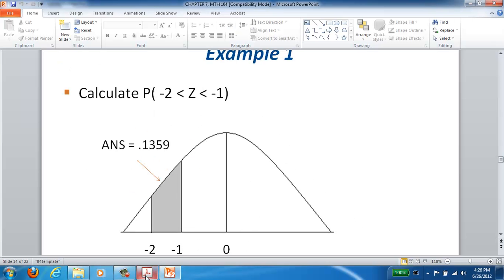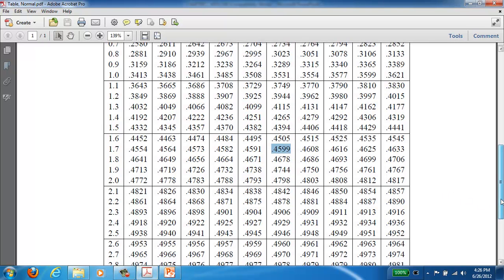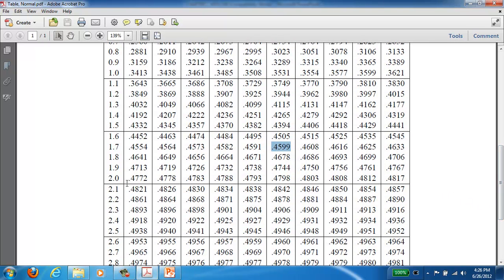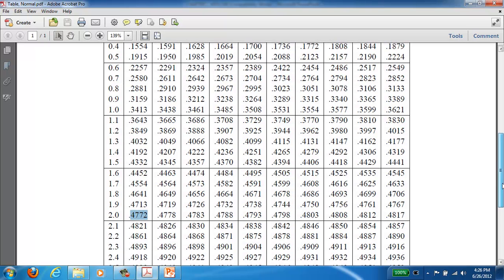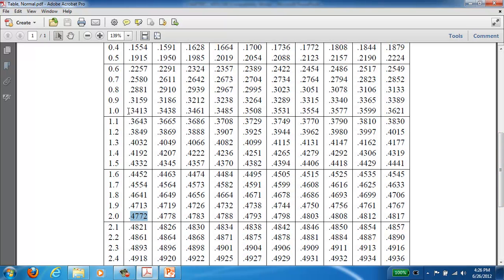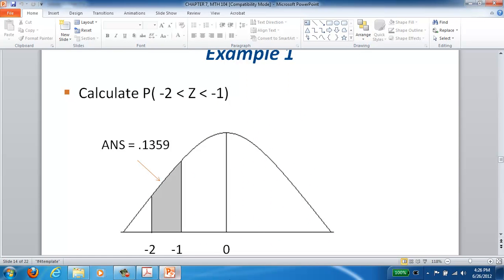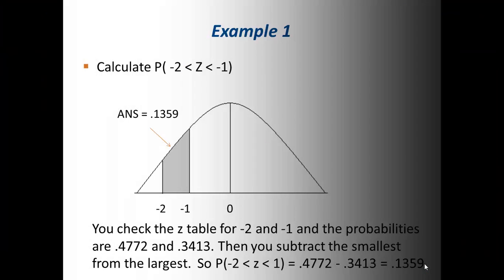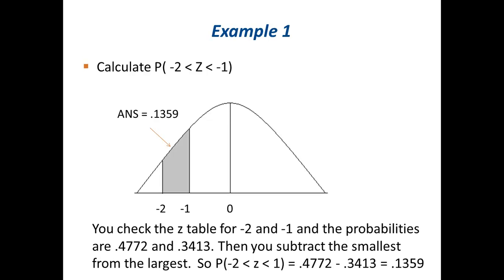So we go back to the table. For negative 2 the probability is 0.4772, for -1 it's 0.3413. So you subtract 0.4772 minus 0.3413, and the answer is 0.1359.